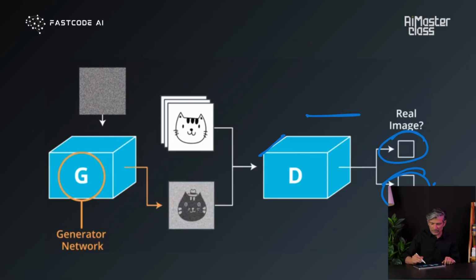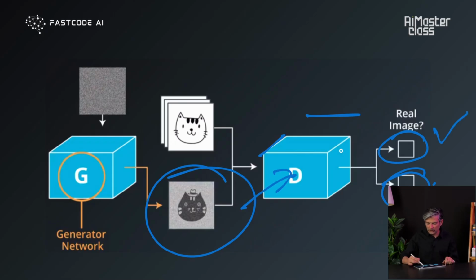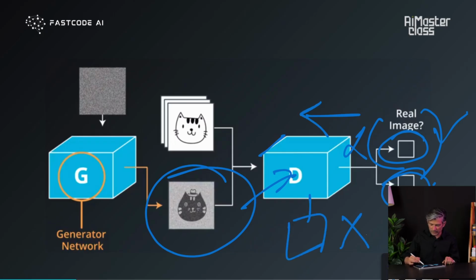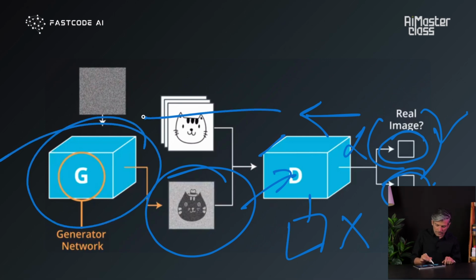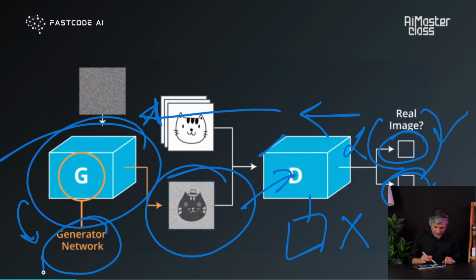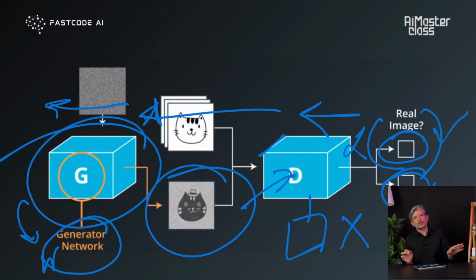You train the discriminator a little bit to distinguish between real and fake images. Then you take only images from the generator, put them into the discriminator, and you want the output to be real. You compute the loss and back propagate, but you do not update the weights of the discriminator when training the generator. You copy the gradients over, then you update the weights of the generator, and use the chain rule to back propagate within the generator. And that's all that there is.